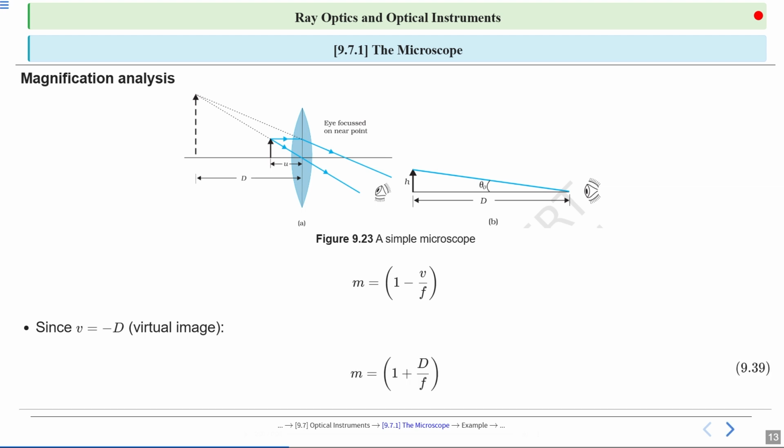Finally, we adjust our magnification formula to account for the virtual image: m equals 1 plus d by f. This is equation 9.39. It shows how the magnification changes when image is virtual, emphasizing the role of the focal length and the least distance of distinct vision in determining the final magnification.